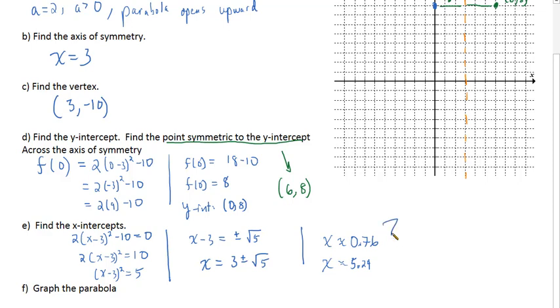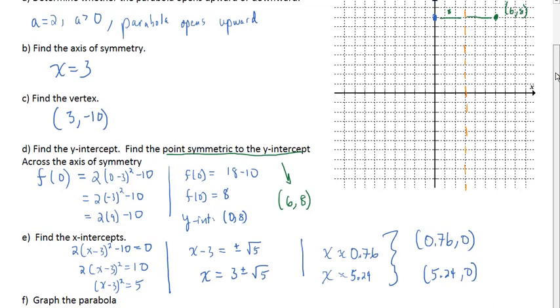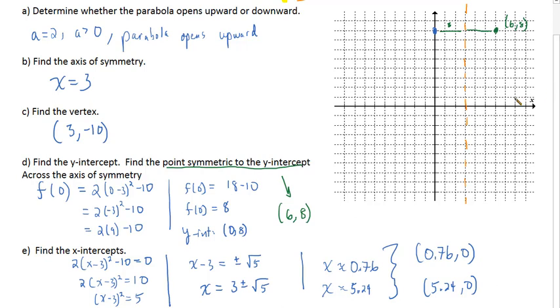So then my x-intercepts would be at 0.76, 0 and 5.24, 0. So now let's use that and everything else we've seen to graph the parabola. Adding my x-intercepts to my graph, we're at 0.76, 0, so about here. And 5.24, 0. That's about here.